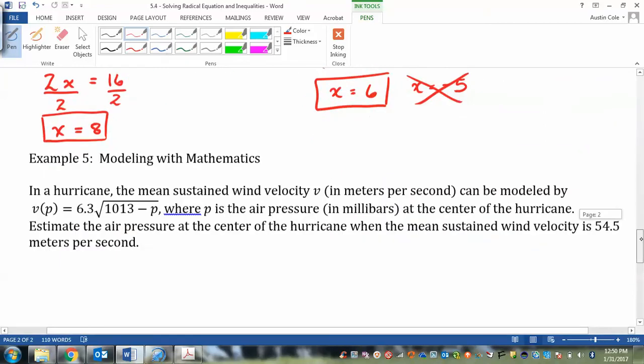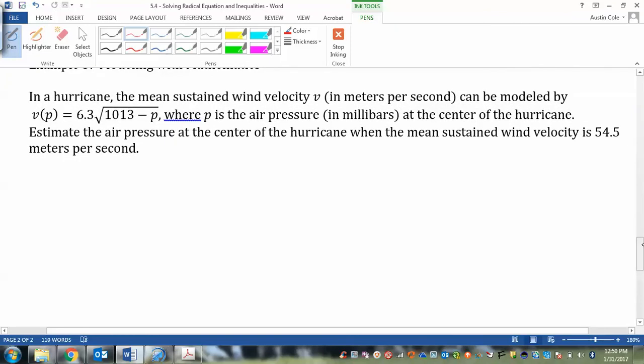And last example here. Read that by yourself, please. Guys, when you come across something you don't know, just keep reading. Okay, so this is in a hurricane, a mean sustained wind. What's mean mean? Like it's not nice? What's mean mean?